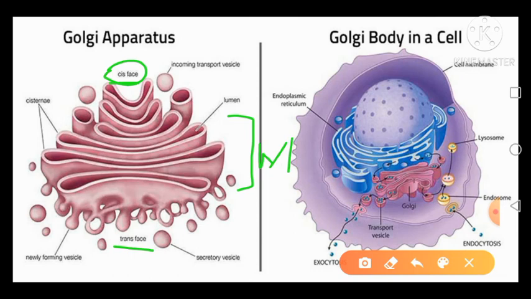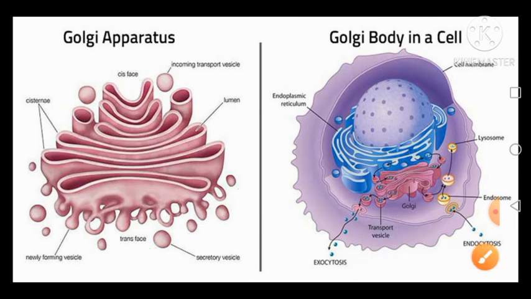So these are the three types of the Golgi, and the forms of the Golgi complex are the cisternae and vesicles. This is a membrane bound structure, and within the membrane there are enzymes which are responsible for the modification of the proteins.